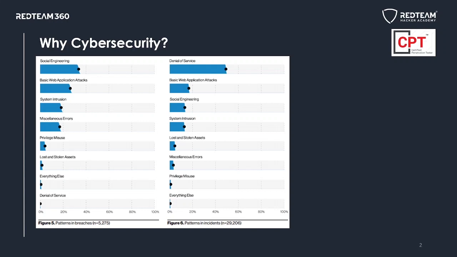It is followed by basic web application attacks and system intrusions. Web application attacks and system intrusions actually happen by means of hacking. Social engineering attacks also are mostly the first phase of any successful hacking attack. So there is a need to protect against hacking of applications and systems.